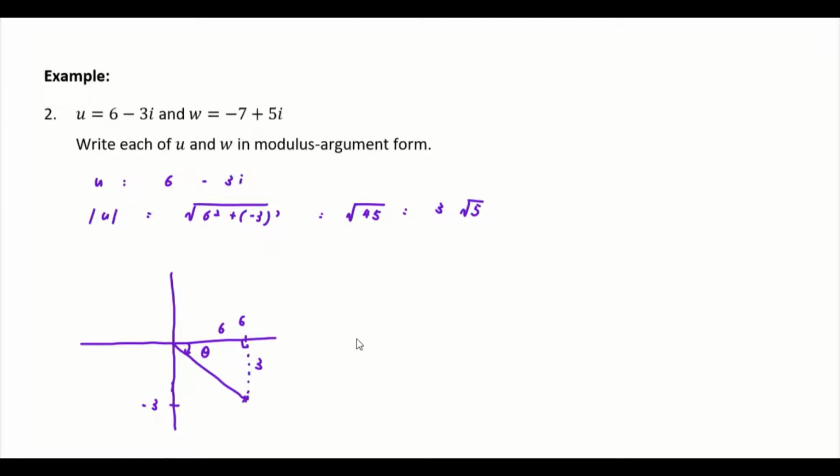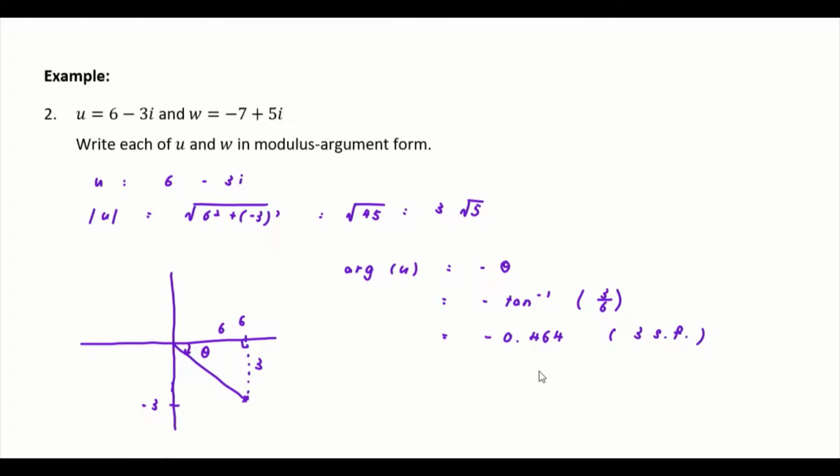This is in the opposite direction, so the argument for u is going to be negative theta. So negative tan inverse of 3/6, and we'll be able to get our answer, negative 0.464 in terms of three significant figures.